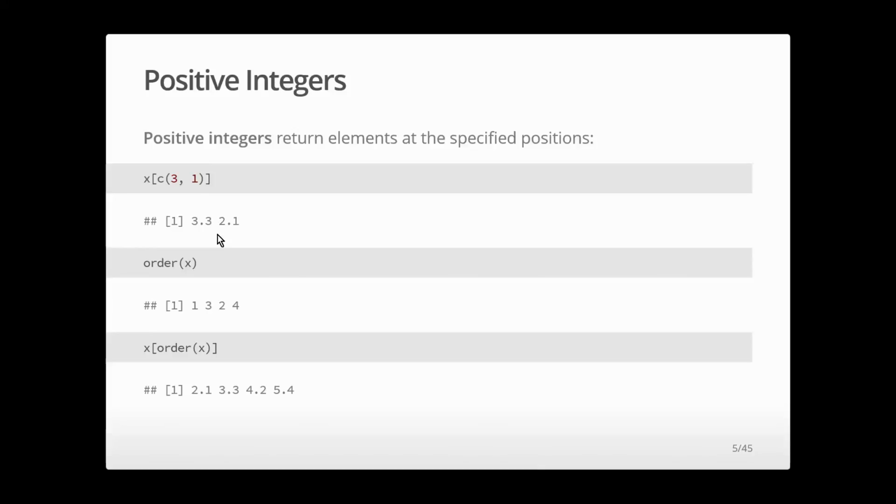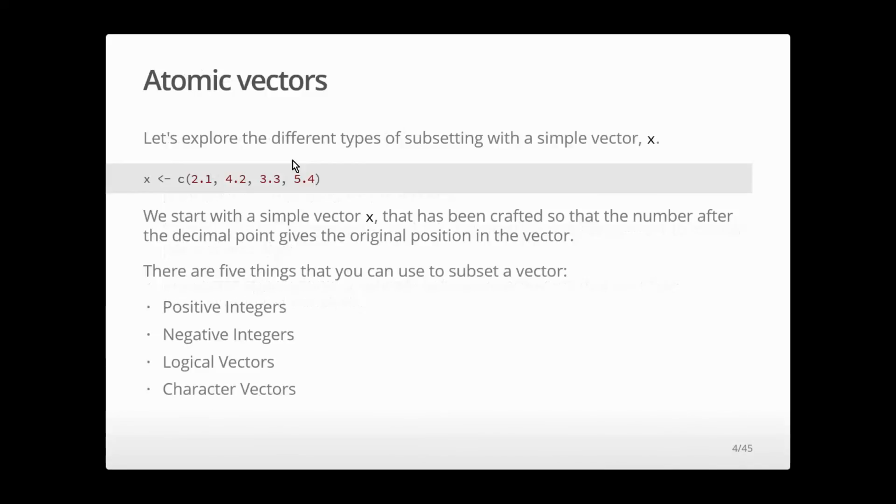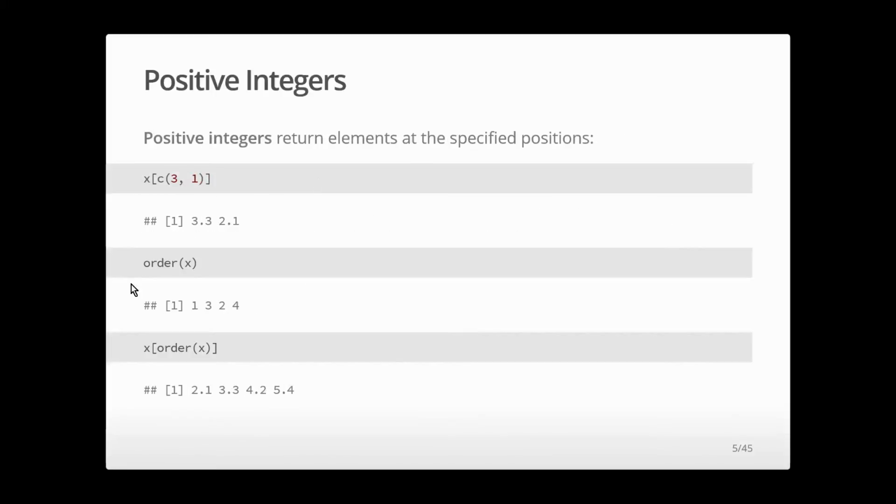When I put in the command order, it's going to look at this and return the order that I need to use. It's going to say take the first, then the third, then the second, and then the fourth. When I subset x in that way, it sorts them so that it takes the first, the third, the second, and the fourth. So x bracket order inside there is pretty much sort x.